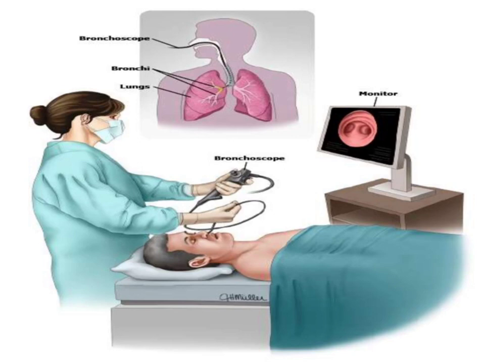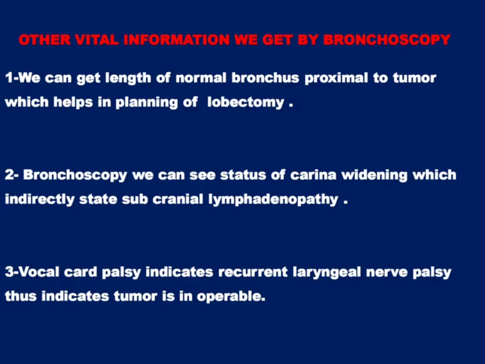Large cell carcinoma presents like adenocarcinoma, with a peripheral lesion, so collapse and consolidation are less likely here. Small cell carcinoma in 80% of cases presents with a hilar abnormality and a central lesion.